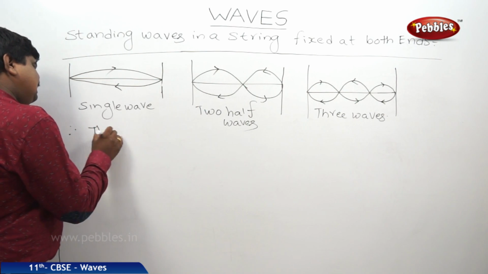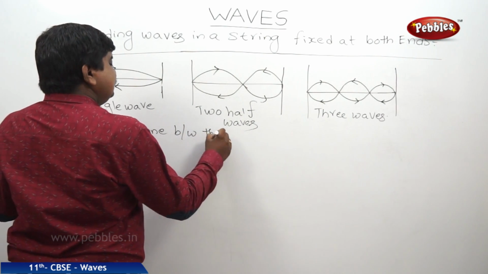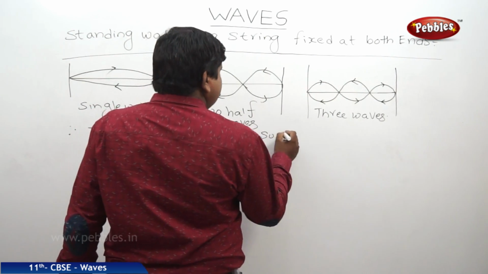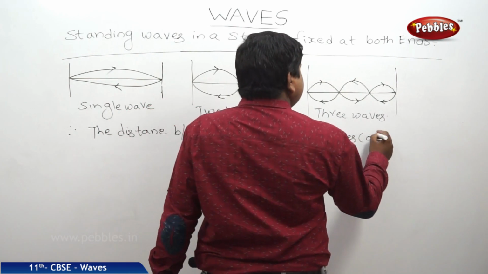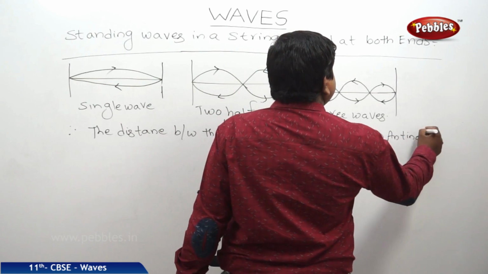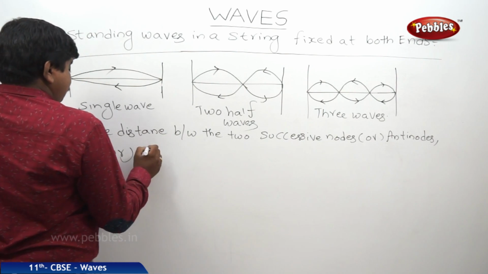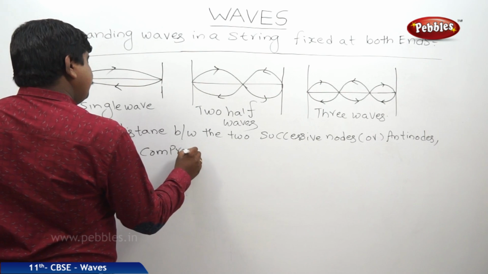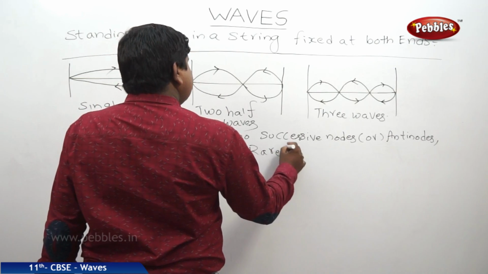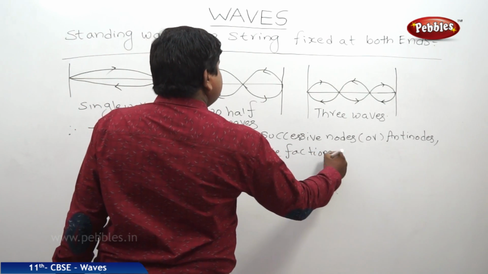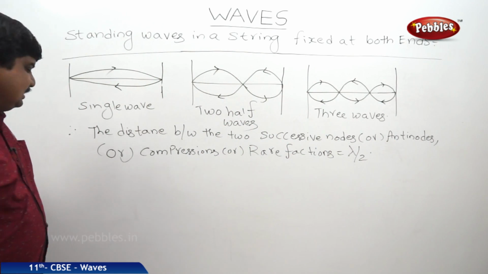Therefore, the distance between two successive nodes or antinodes, or compressions or rarefactions, is lambda by 2.